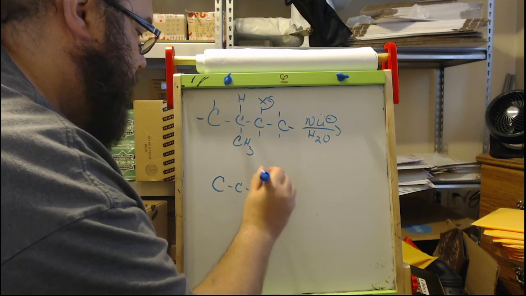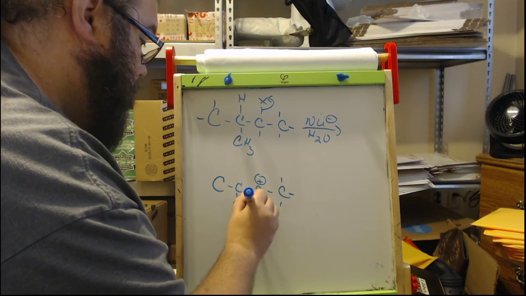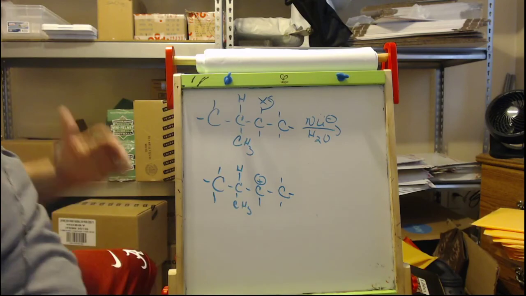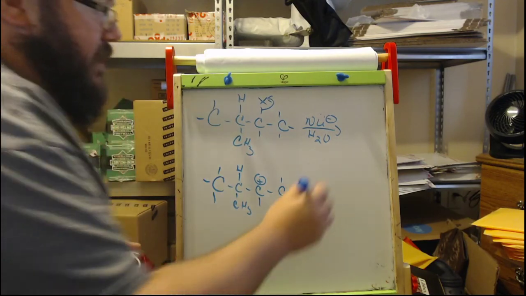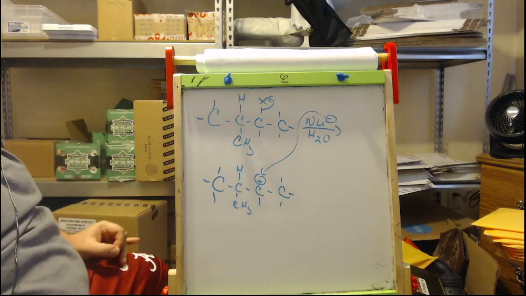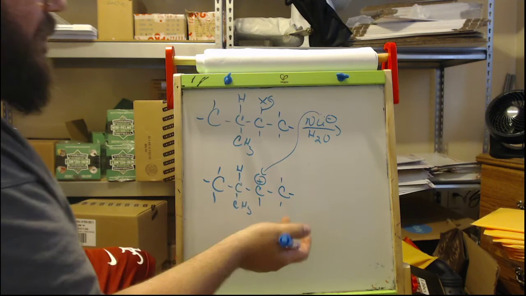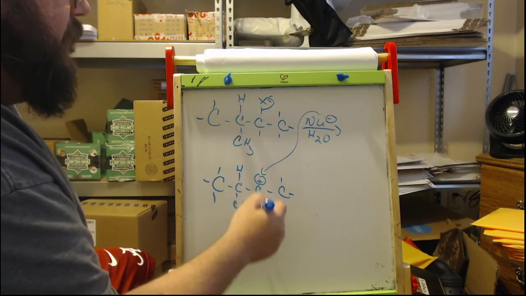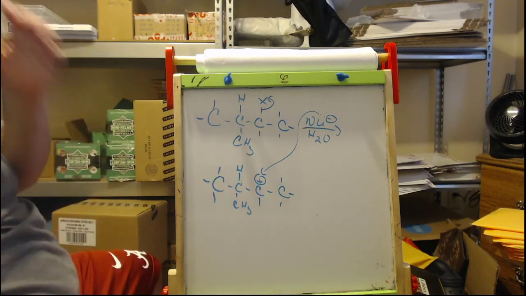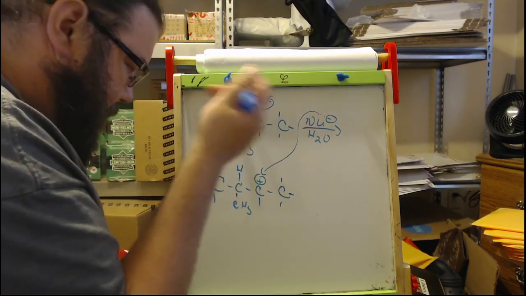Here's my carbocation, here are my other carbons. We would think that the nucleophile will come in here and form that product: 2-methyl-3-nucleophilo-butane, whatever the nucleophile is, bromo, chloro, whatever it is.